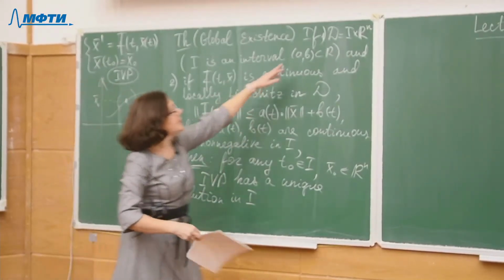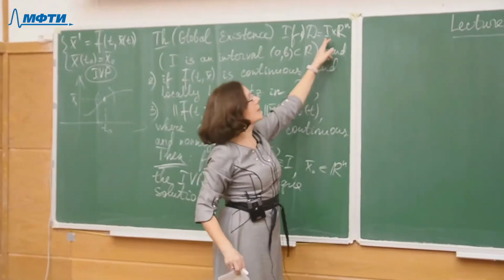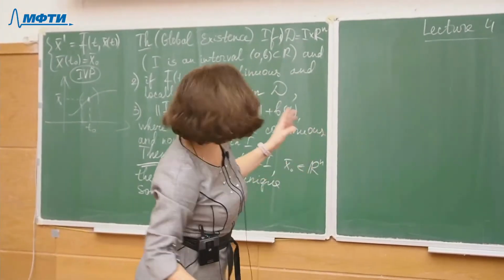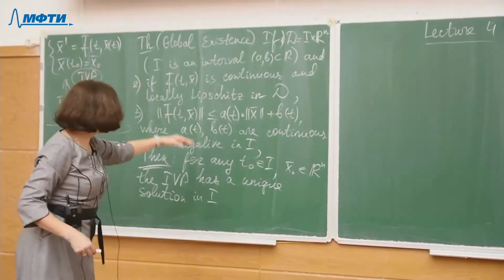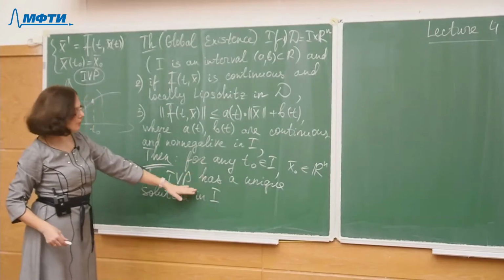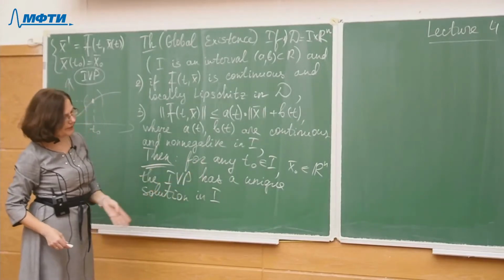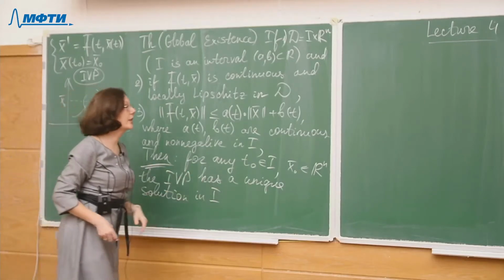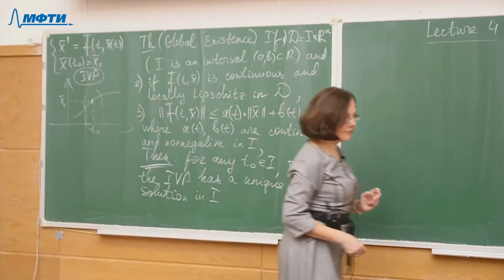So if D is this, then the maximal interval is I. So this is what the theorem states about the maximal interval. The maximal interval is I. So the solution can be extended on the entire interval I. So I will prove this.